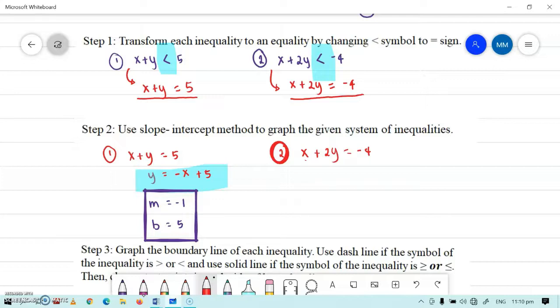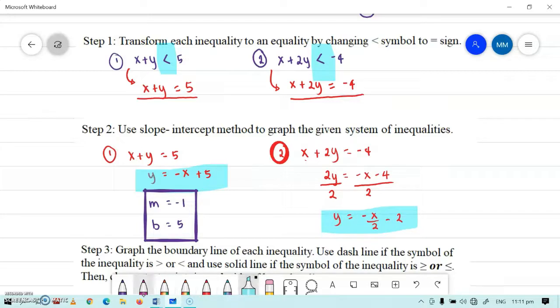Isolating 2y on one side of our equation, we have 2y is equal to -x minus 4. Solve for y. Divide both sides by 2. So your slope-intercept form now is y is equal to -x over 2 minus 2, because -4 divided by 2 is -2. Now we have the slope-intercept form of our equation.